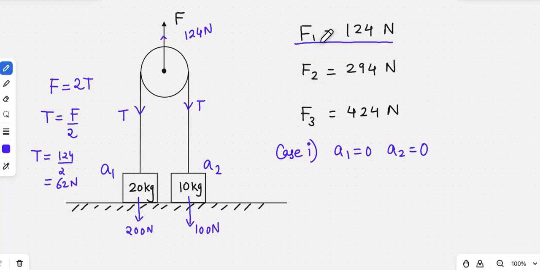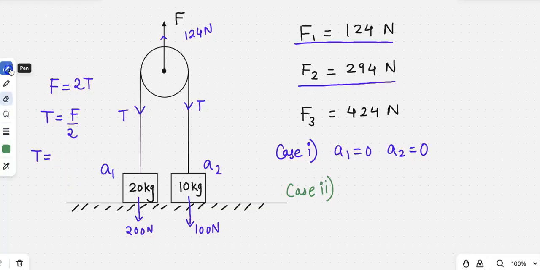Now let's look at case 2, when F2 is 294 Newton. So for case 2, let's change the color. We have the force F2 as 294 Newton. Again we will use the same logic, and here instead of 124 we have 294. Let me erase this.